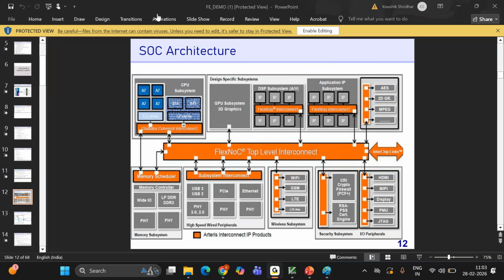Second, you can be put into IP level verification. IP level verification means verifying only the USB controller. Or else you might be put into subsystem level verification, where you will verify a particular subsystem block.